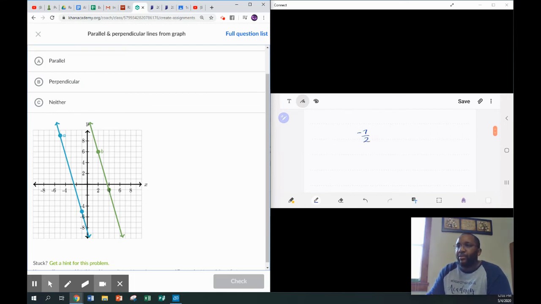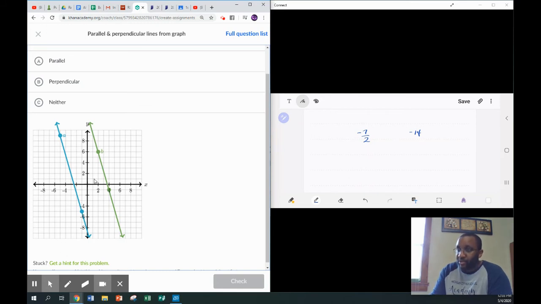And then this other one is, let's see, from 9 all the way to 5. So that's going down 14. And it goes from 5 on the x-axis over to 1 on the x-axis.